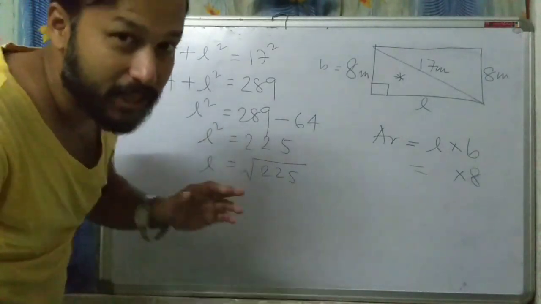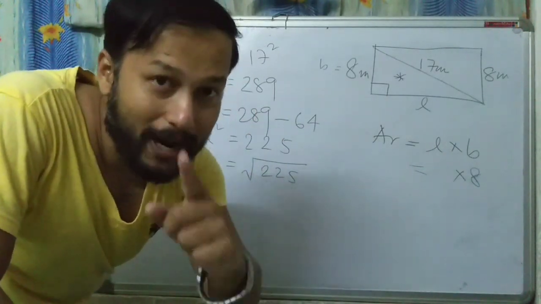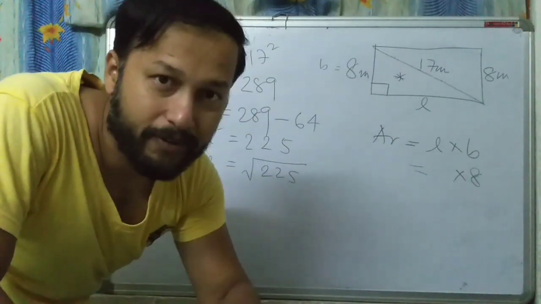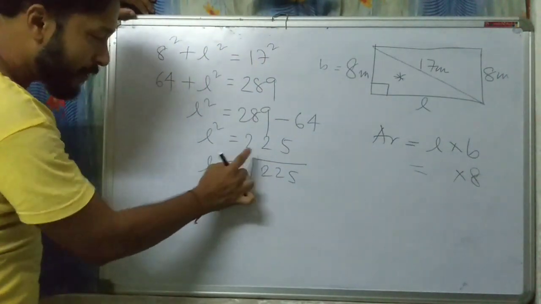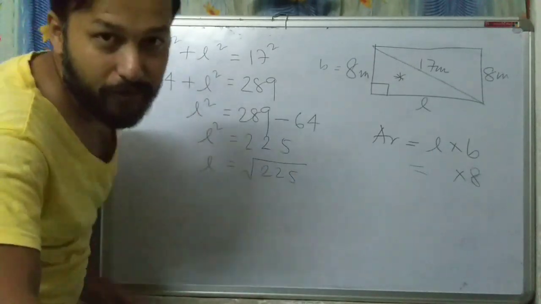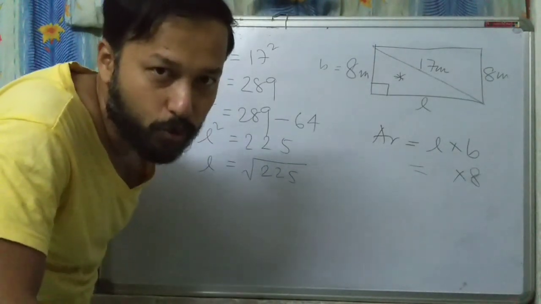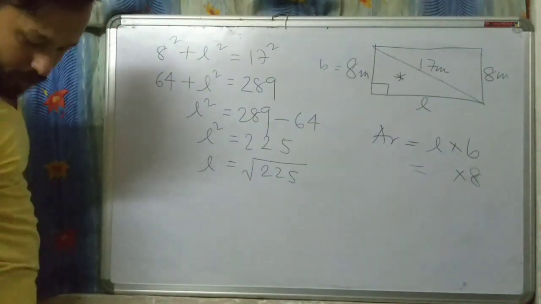You have to understand this concept. l square equals 225, so l equals root over 225. Means we have to find the square root of 225.